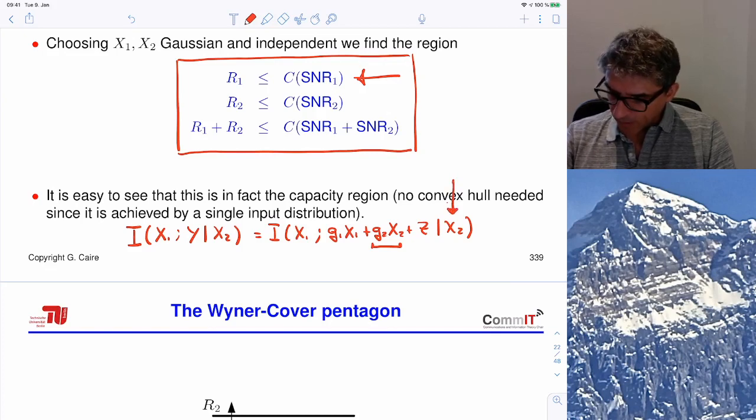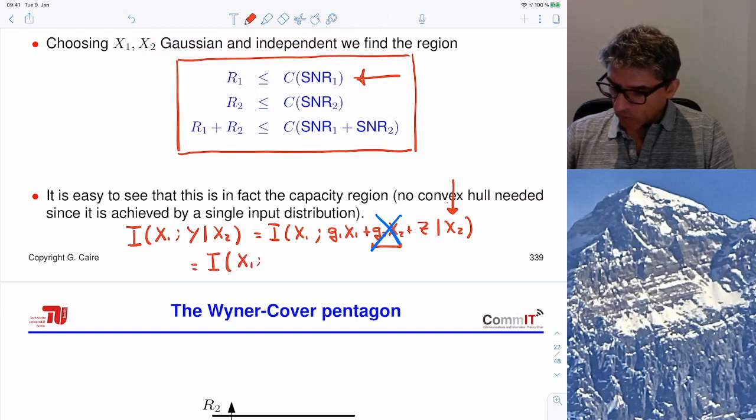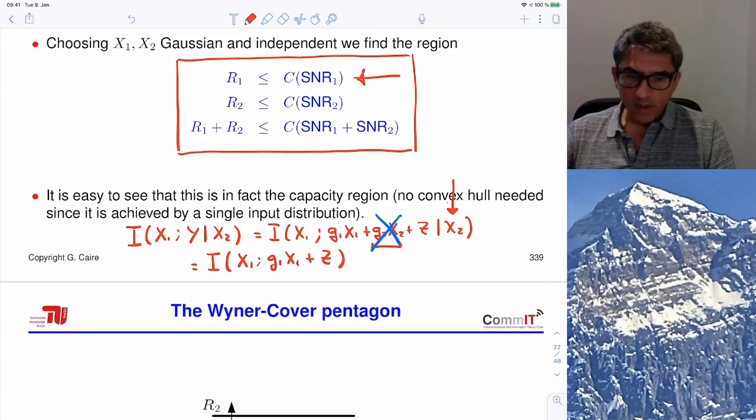It means that this term is cancelled. So after you cancel this term, because it is uninfluential, this is simply the mutual information between x1 and g1 x1 plus z. The conditioning disappears because once you cancel it, x1 is independent of x2 and z is independent of x2, so the conditioning is irrelevant.